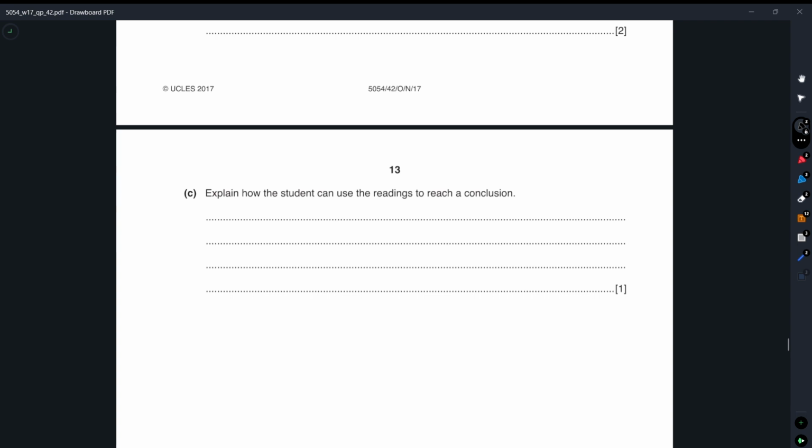Here we will write: plot PD versus I, gradient is resistance.